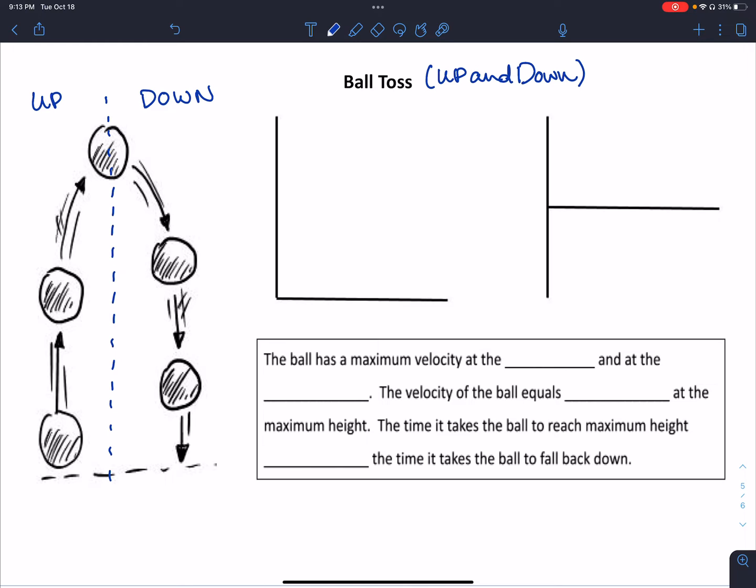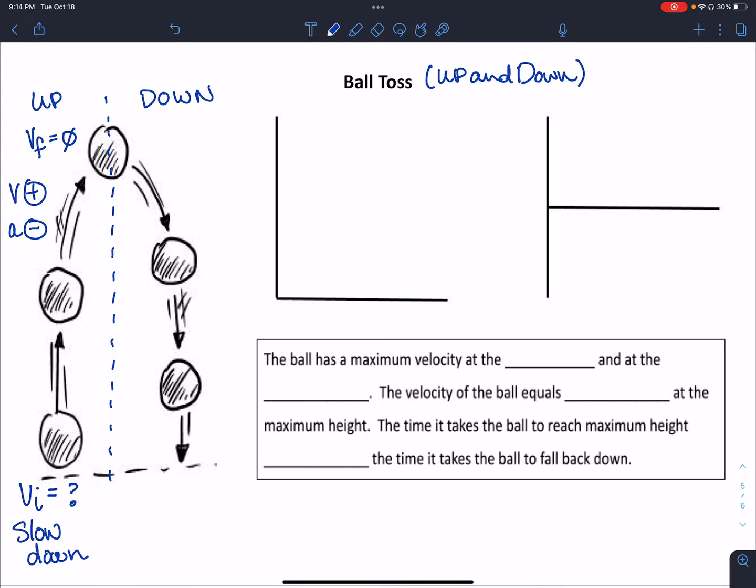As the ball goes up, this is like a tossed problem. So there's going to be some initial velocity, but when we reach maximum height, that final velocity is zero. As the velocity values are positive and we know the acceleration is negative, the signs tell us we're working against each other. We should see the object slow down as it goes up.